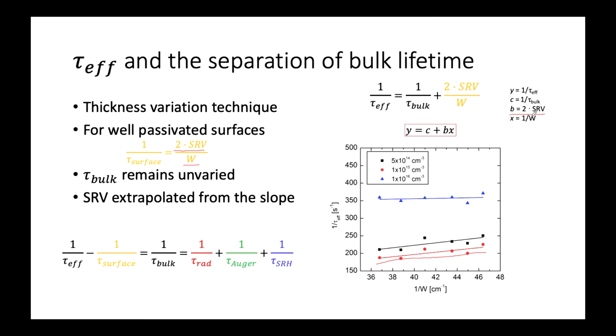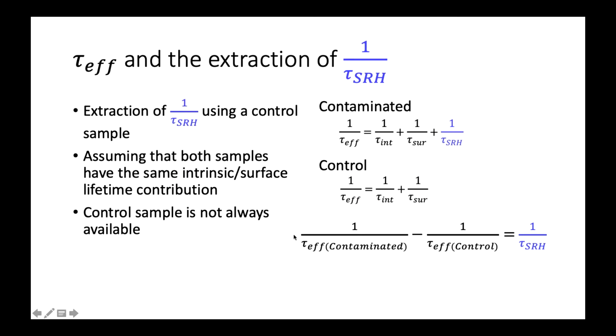Then, after the surface contribution is obtained, we can subtract the surface from the effective lifetime, obtain the bulk, and by calculating the intrinsic contribution, we can extract the Shockley-Read-Hall contribution, and therefore we can extract the defect parameters. A second option is the use of a control sample.